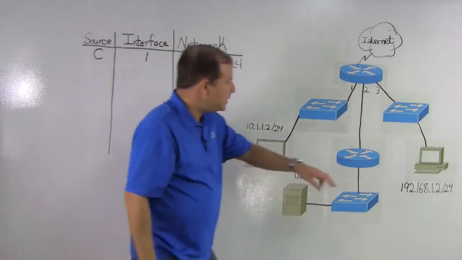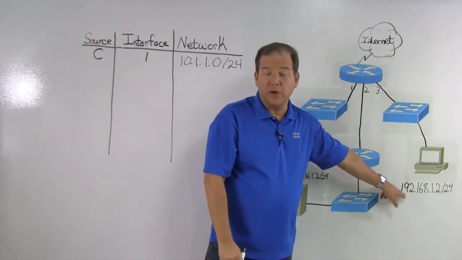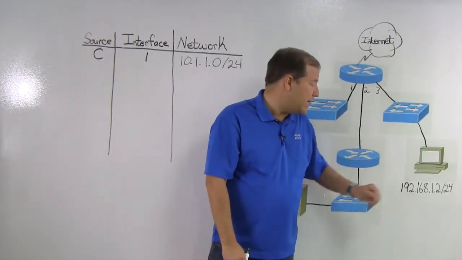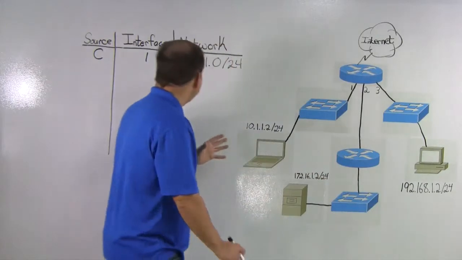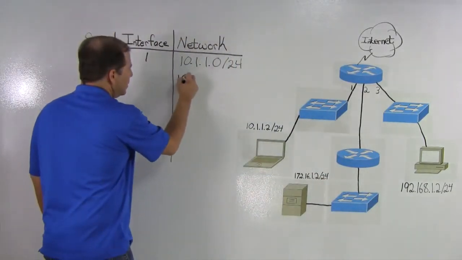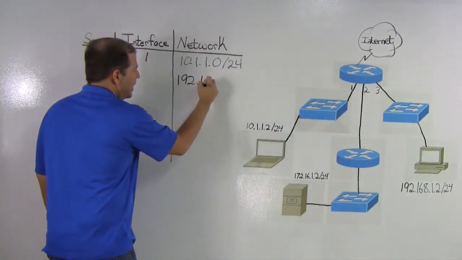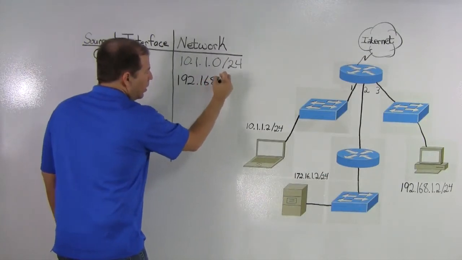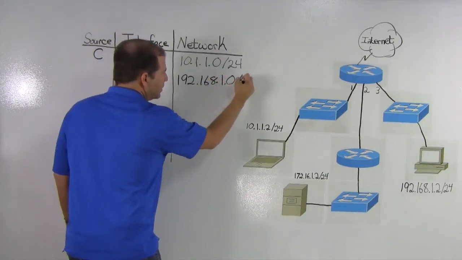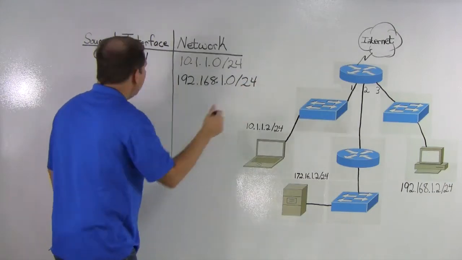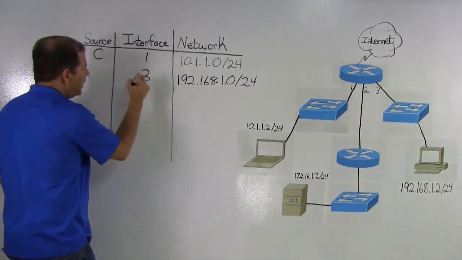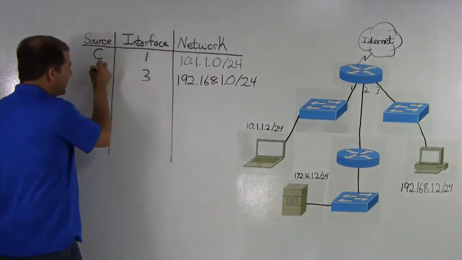What about this network? This network is going to be 192.168.1.0/24. Let's write that down. 192.168.1.0/24. It's available off of interface 3, and it's directly connected.